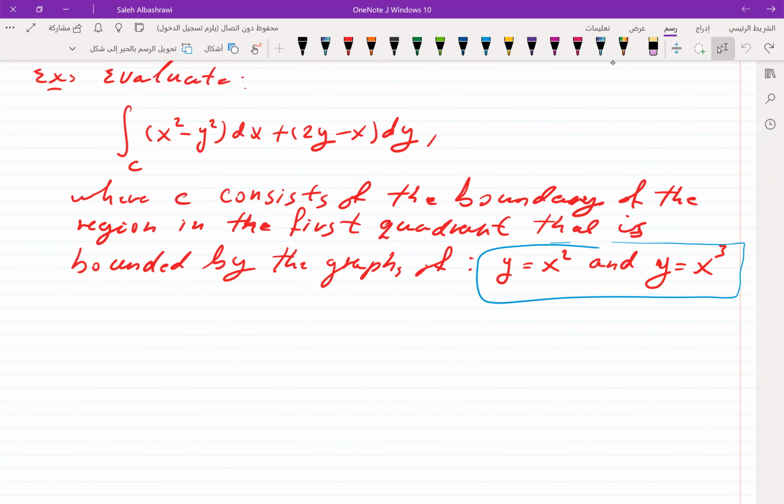And we need to evaluate the line integral. So let's see the curve of R. I have y equal to x squared, so it is a parabola.